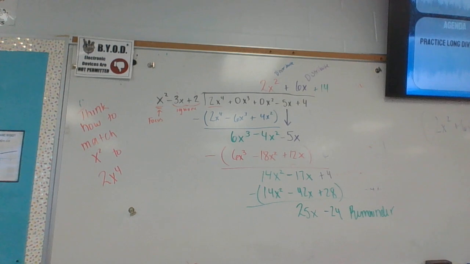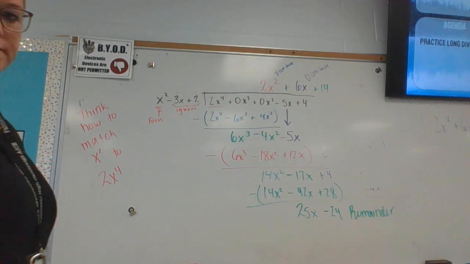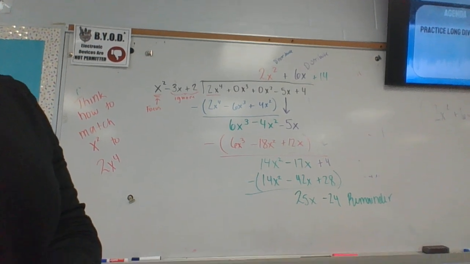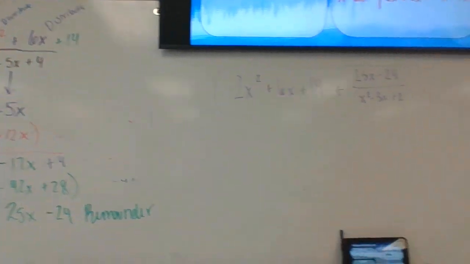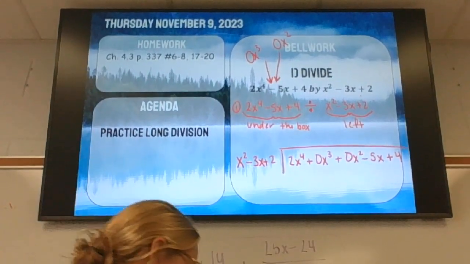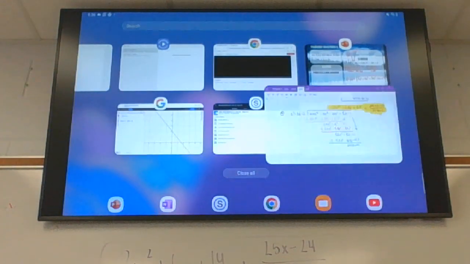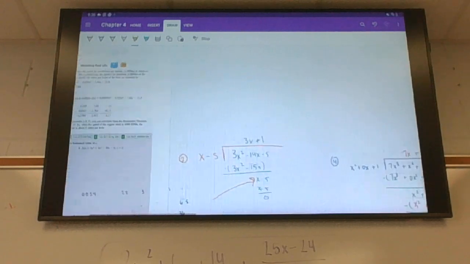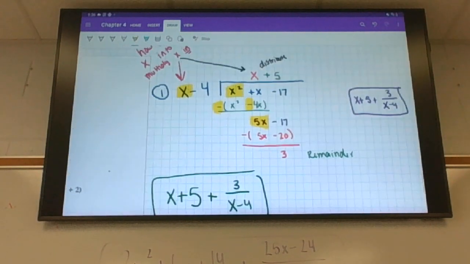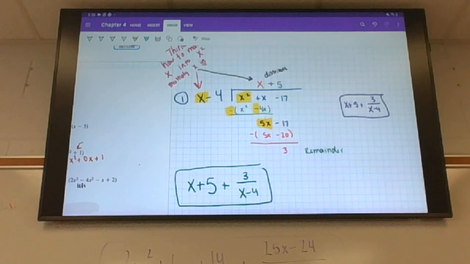Alright, let's look at the answer for yesterday. Number 1, the remainder is 3. X plus 5, remainder 3 over x minus 4.